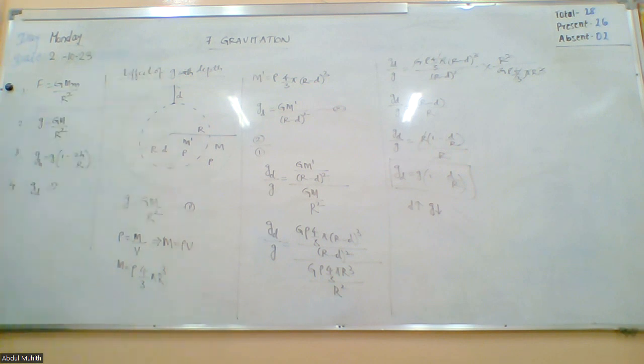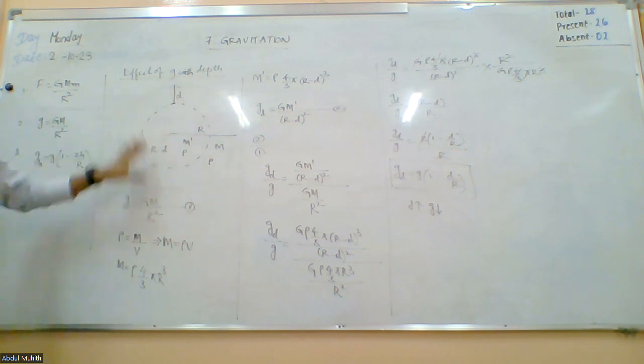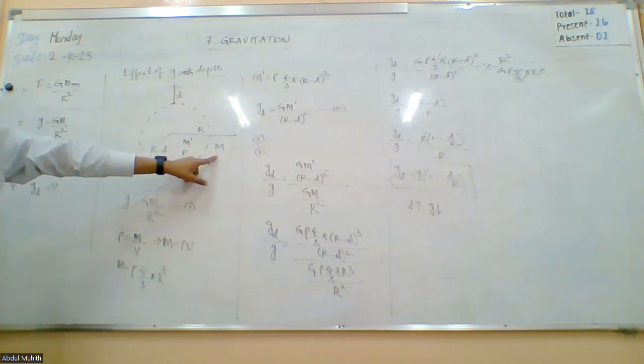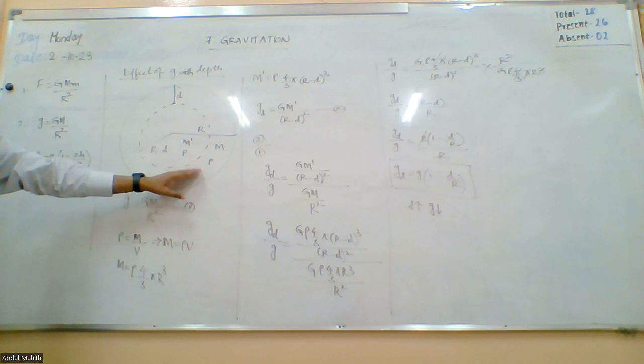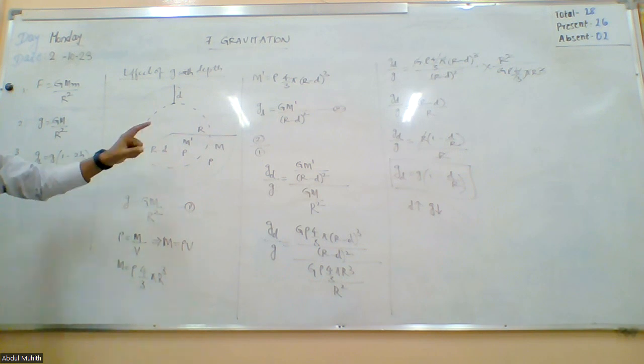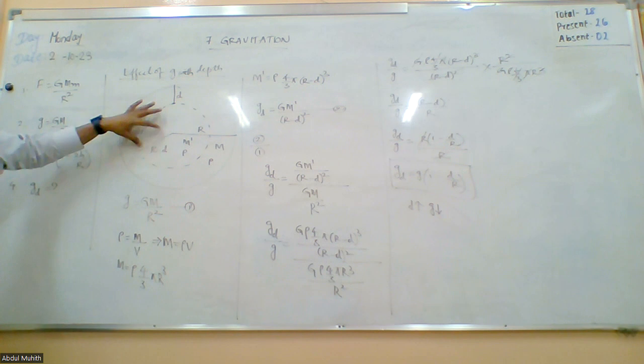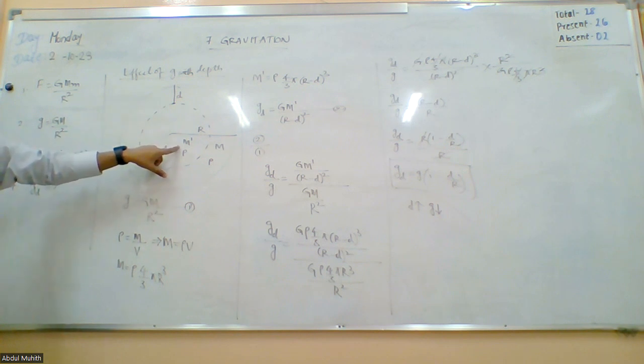See, now here is the effect of g with the depth. The whole thing is the Earth, whose radius is R and whose total mass is M. Now density is rho. Now I am drilling and going inside the ground, that is d. So what happened? The new radius is R minus d, and the new mass is M dash.